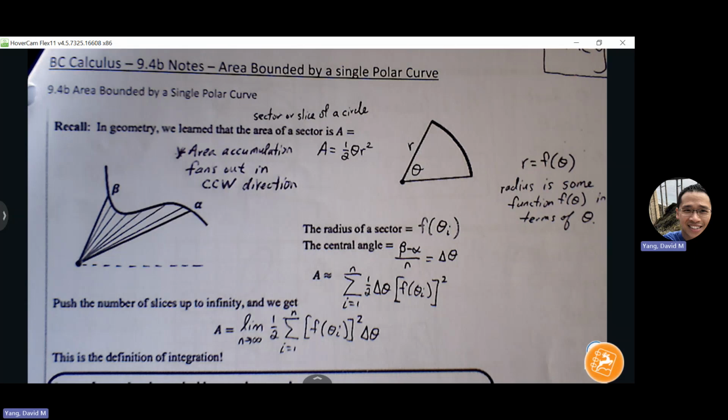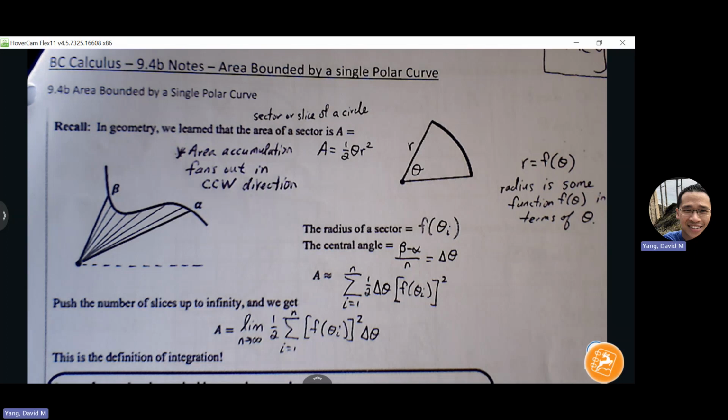So just to recall in geometry, we learned that the area of a sector is 1/2 theta r squared. So a sector or a slice of a circle. And the radius is some function f of theta in terms of theta. So if I have a sector of a circle, this is my radius, this is my theta.